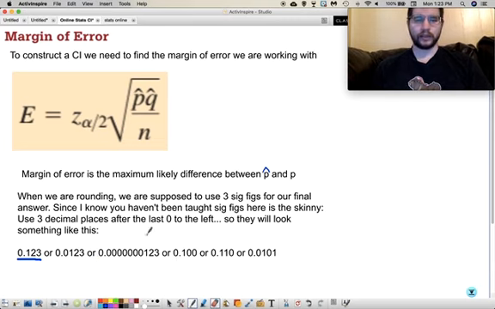The important thing is that you have 3 digits after the last 0 to the left. So here's the last 0 to the left, 1, 2, 3. It could also be 0.100, or 0.110, or even 0.0101. So for sig figs, the zeros to the right of your decimal after your first non-zero digit are significant.